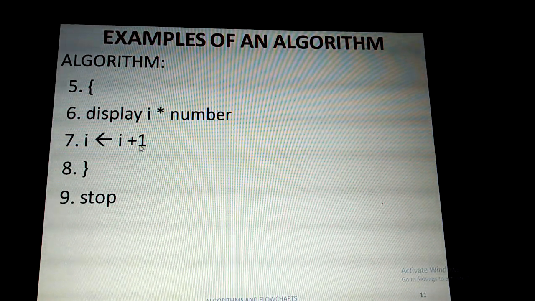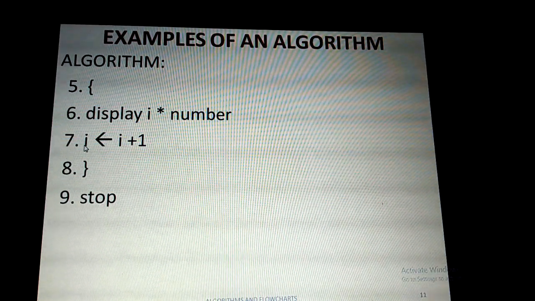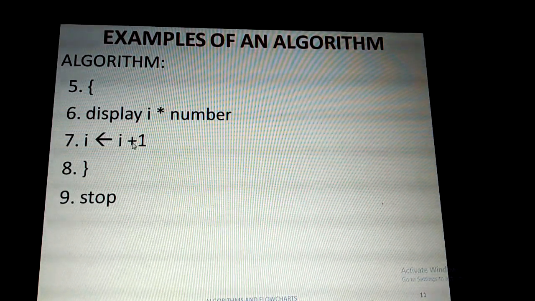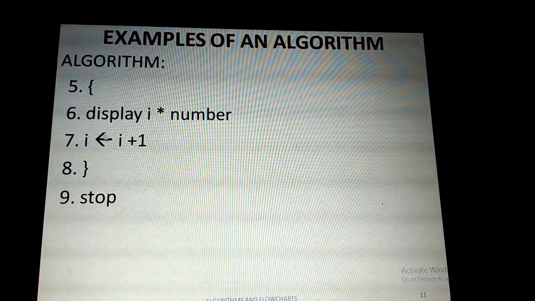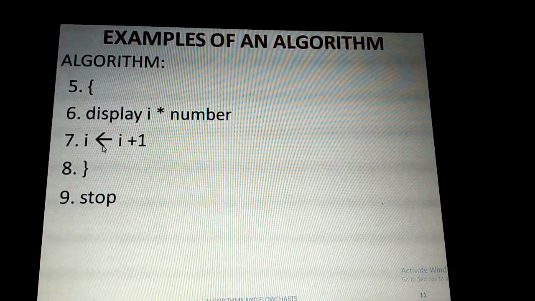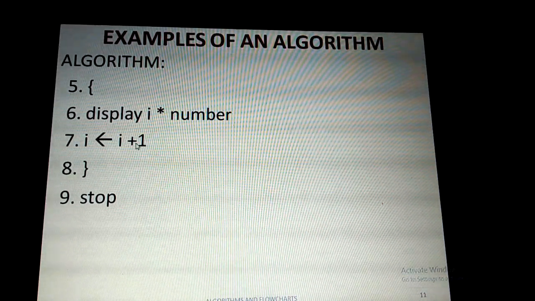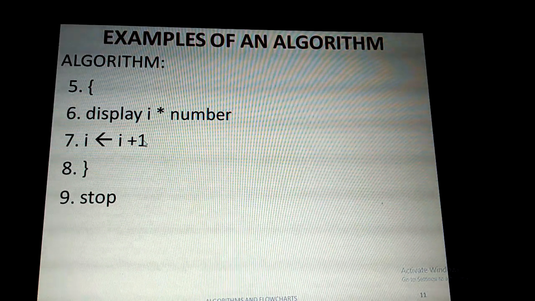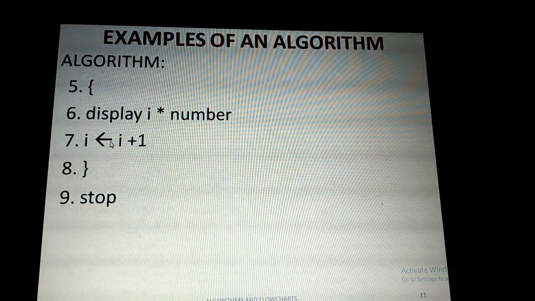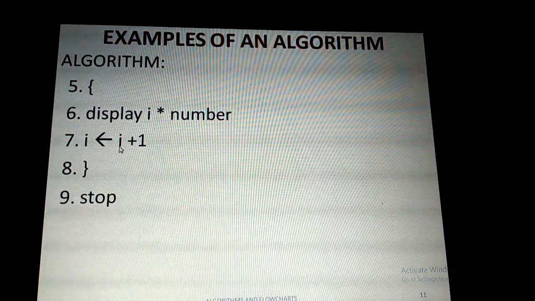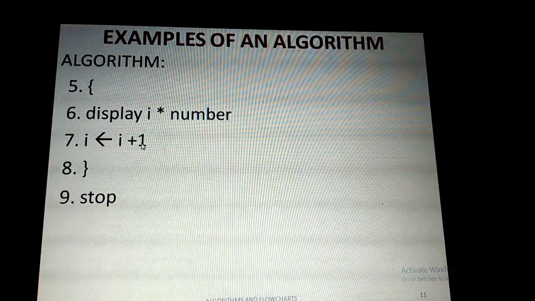When I becomes 2, that is in the next step we are incrementing I is equal to I plus 1. This arrow mark you can imagine as the equal to symbol. So I plus 1 is going to be assigned to I. What is the latest value of I? It was 1, so 1 plus 1 is 2.